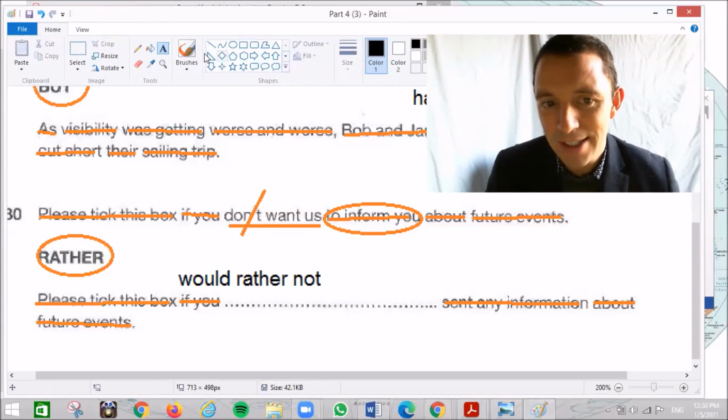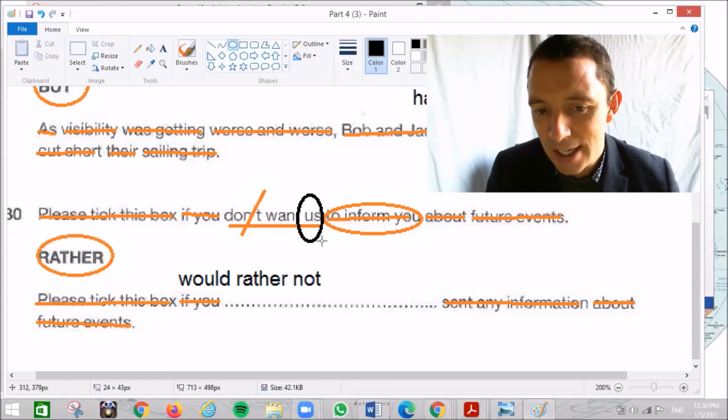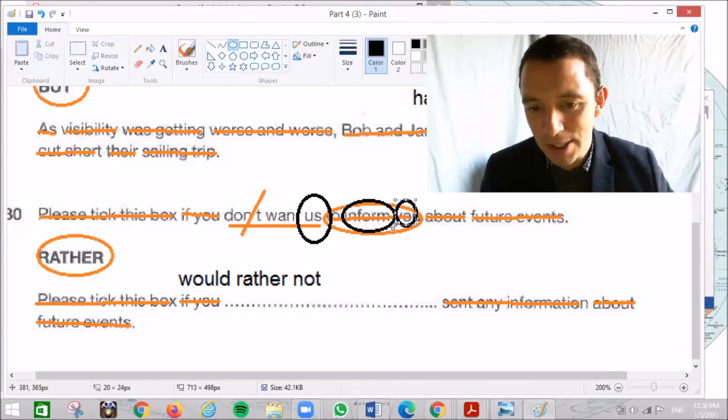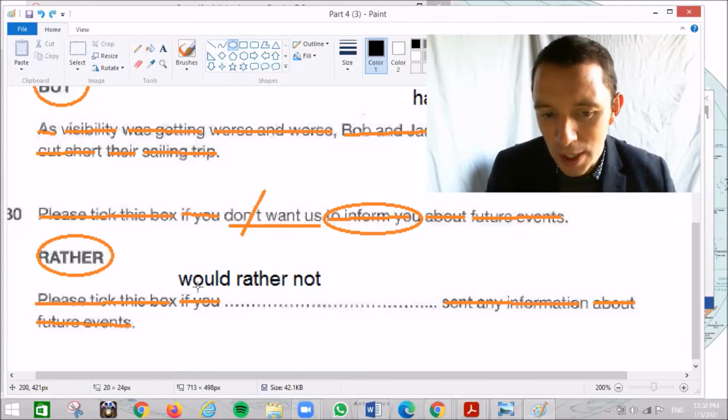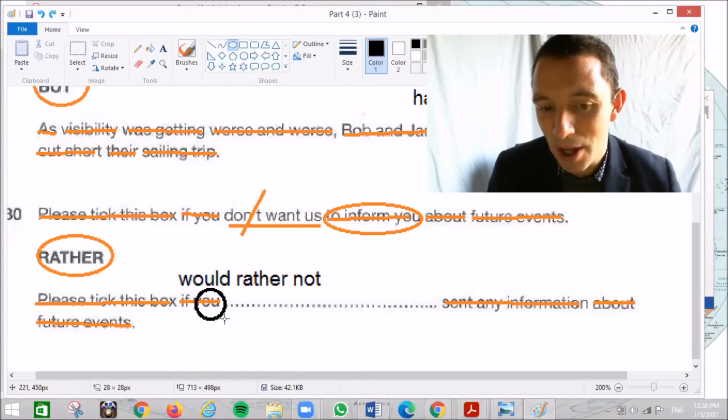In the first sentence, we have the subject is us. Okay, the verb is inform, and then the object is you. Okay, but in the second sentence, we have changed the position, and you is the beginning of the sentence, so it's an example of the passive.